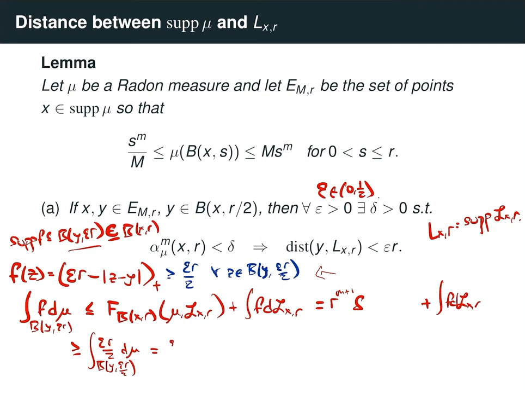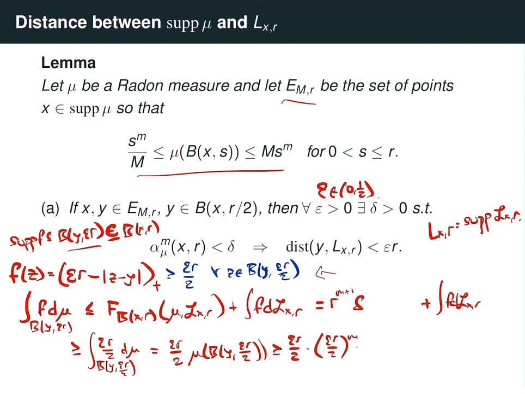So this is just equal to epsilon r over 2 times the μ measure of B(y, epsilon r over 2). And now I use the fact that y is a member of the set E_{m,r}, so it satisfies this inequality with y in place of x here. So this is at least epsilon r over 2 times (epsilon r over 2) to the m times m to the minus 1.